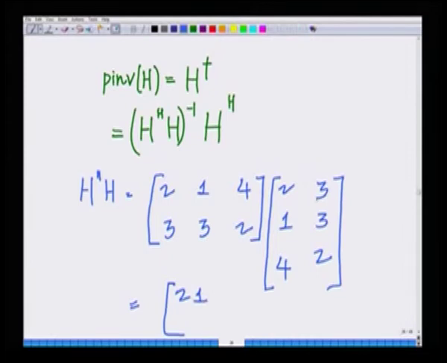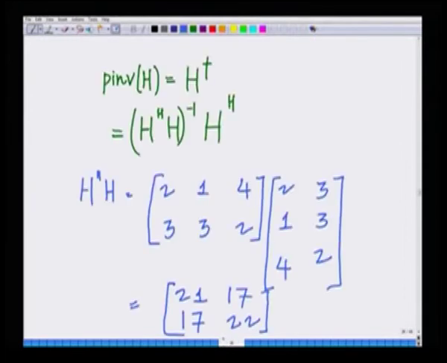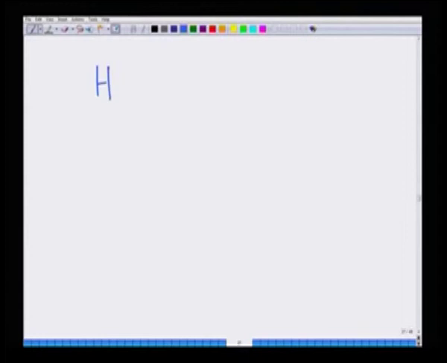This entry is 6 plus 3 plus 8, that is 17. This entry is 17 and this entry is 9 plus 9 plus 4, that is 22. You can see from here that this is a 2 cross 2 matrix. So, H Hermitian H equals 21 17 17 22.